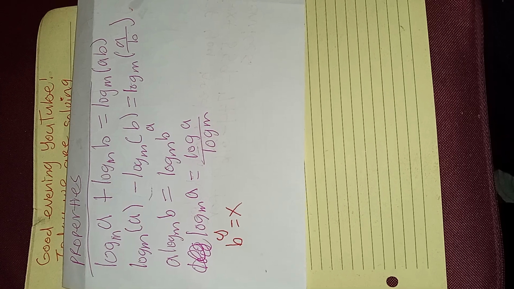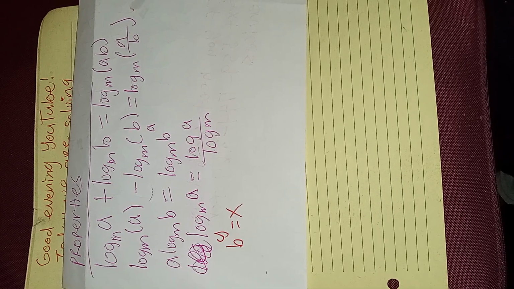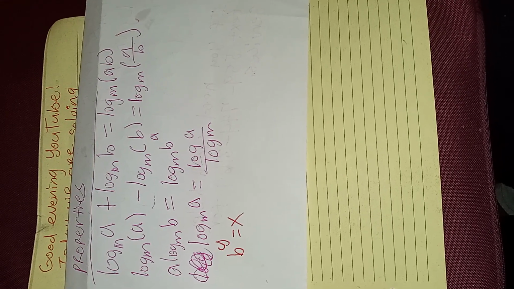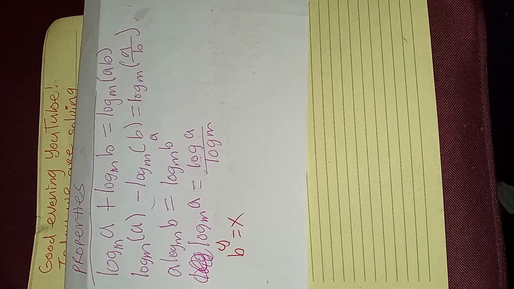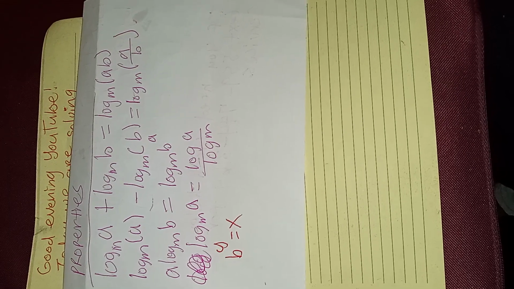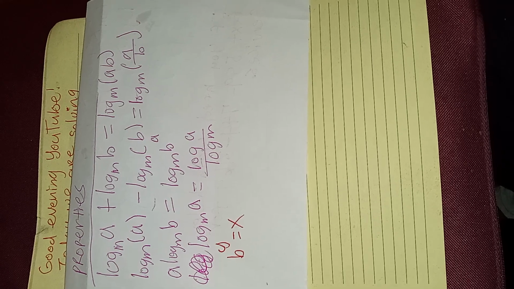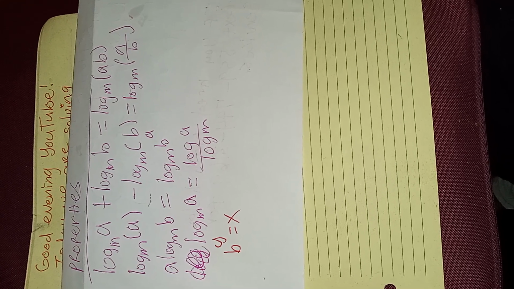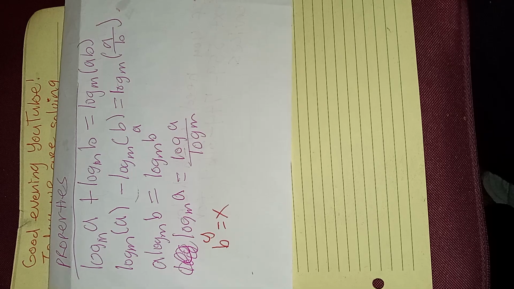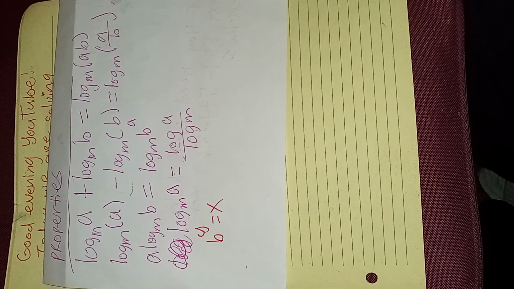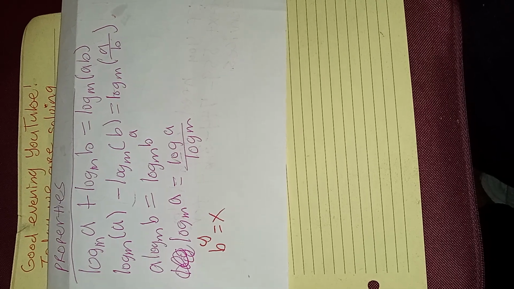Log sub m of a minus log sub m of b is equal to log sub m of a divided by b. Subtraction turns into division. And then the coefficient, which is the number up front, turns into a power. So a log sub m of b is equal to log sub m of b to the power of a.